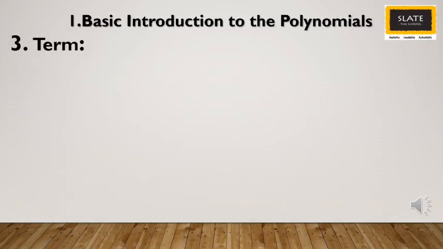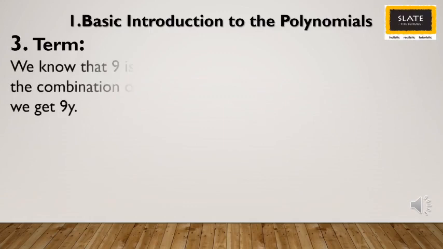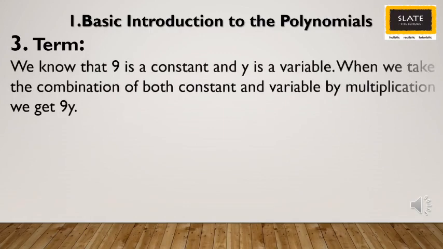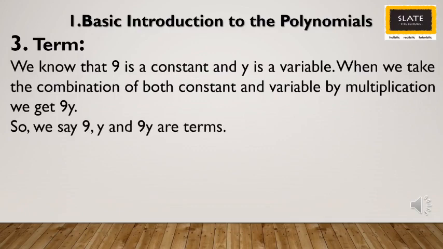Third one is term. We know that 9 is a constant and y is a variable. When we take the combination of both constant and variable by multiplication, we get 9y. Here we say 9, y and 9y are terms.